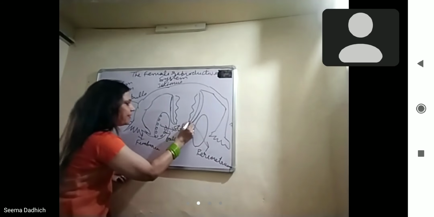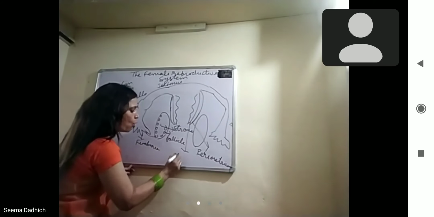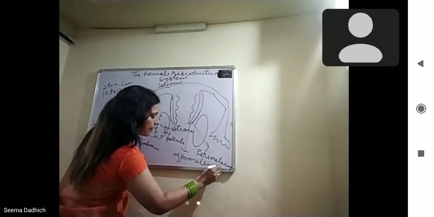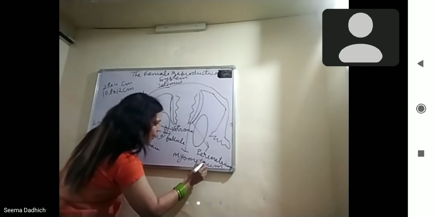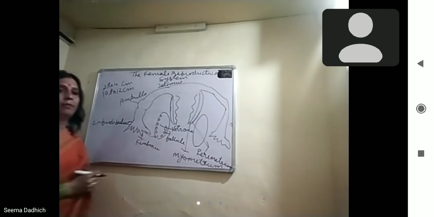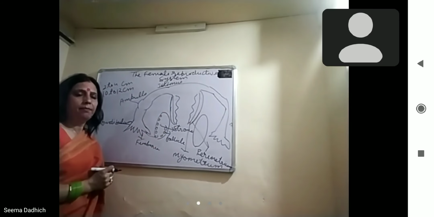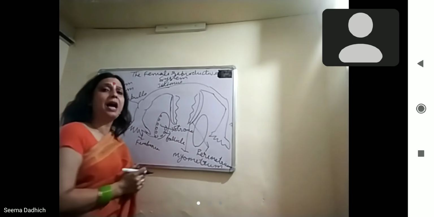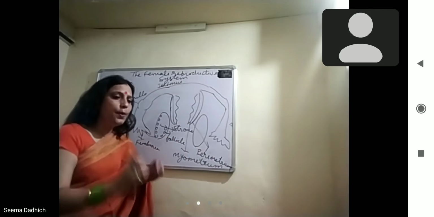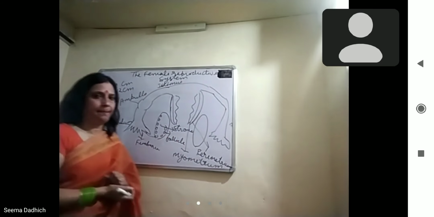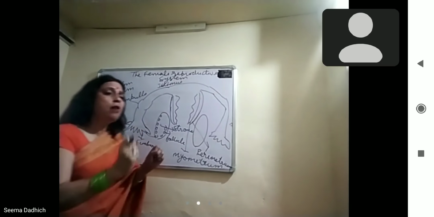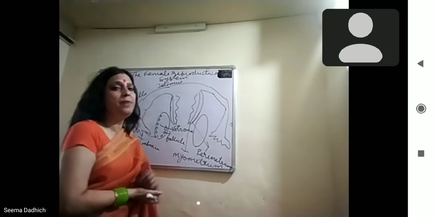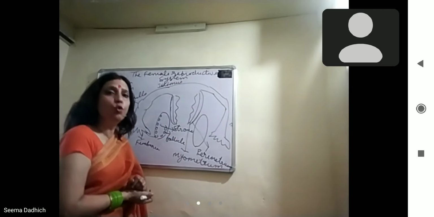The middle layer is called the myometrium. The myometrium is made up of smooth muscles. During delivery, strong contractions are produced by the myometrium with the help of smooth muscles.